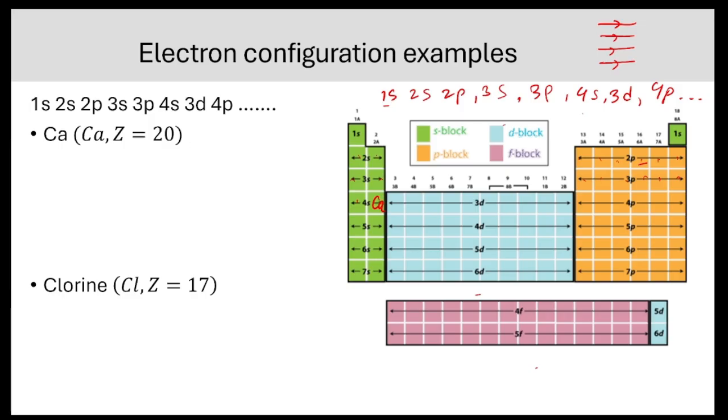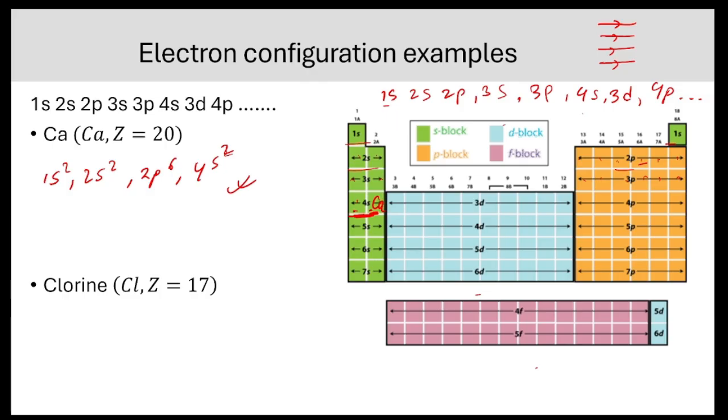Each block is one element, and the arrangement of elements is in increasing order, so we can just count the blocks. So calcium is here. That means first we will fill 1s, and then it will also fill 2s, it will also fill 2p, and then come back to 4s, and in the s we have one block, two blocks, so 2 blocks.